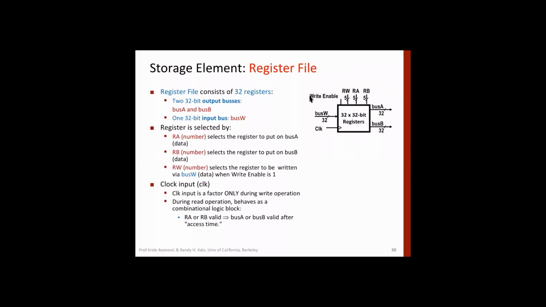We now have a write bus, which is 32 bits wide. Then 2 read ports with 2 buses, both 32 bits wide, and we have 32 registers, each of 32 bits. Then we have RA and RB, which give the address of register A and address of register B, the first and second registers, and the address of the register on which we can write.